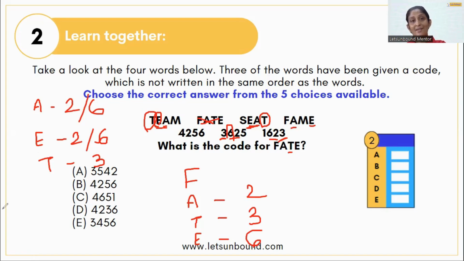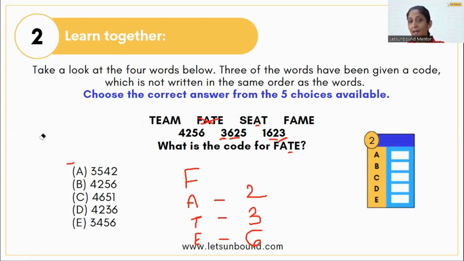Now what remains is finding the alphabet F. So let us now check what is the alphabet F. For the alphabet F, we know that the 3rd digit FAME is 4256. So that clearly indicates that the alphabet F is 4.